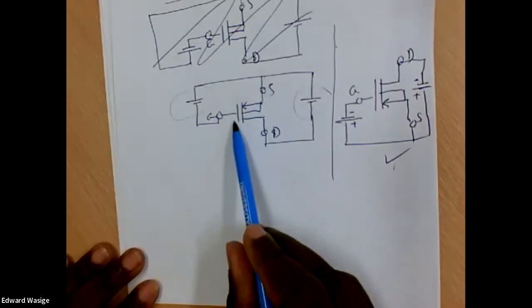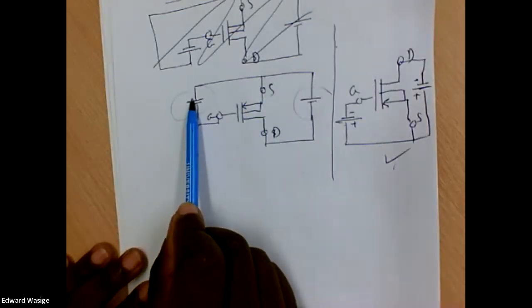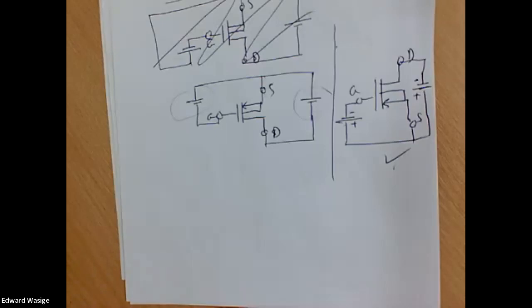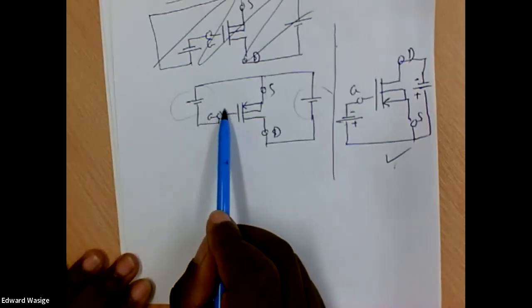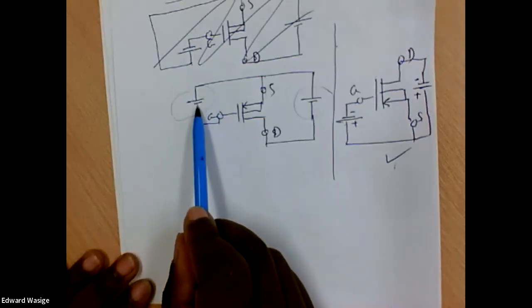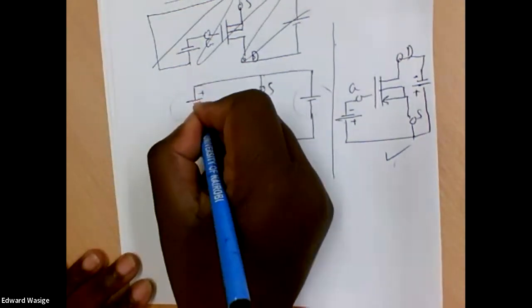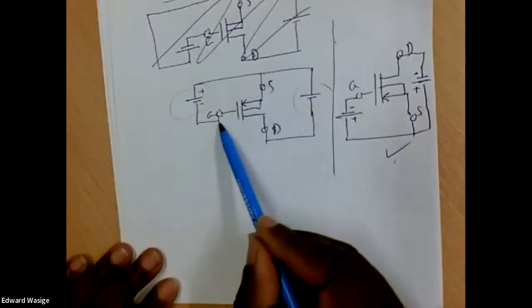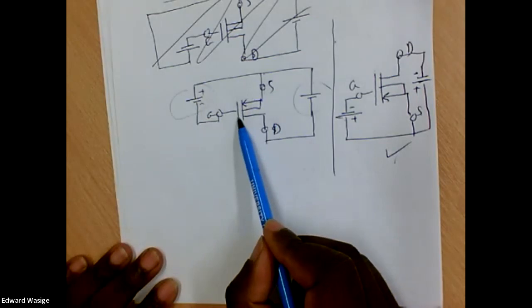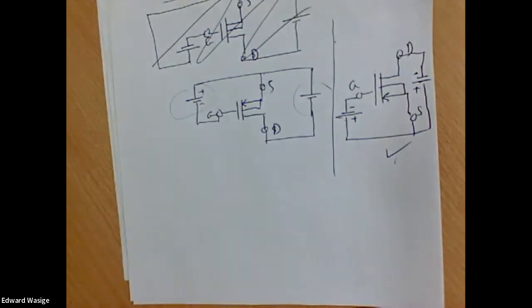So by flipping the device around, I can use my source just like for the NMOS device, and even though this is positive on top and this is negative at the bottom, the control voltage to my PMOS device is negative.